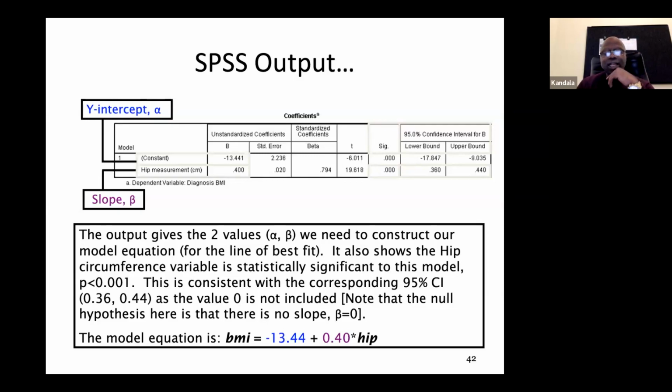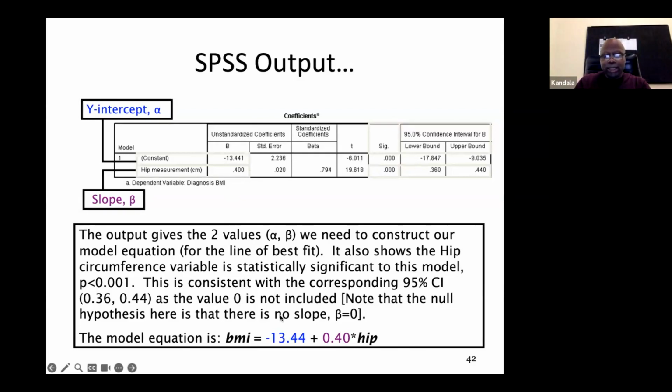So we can see that the average, the constant, has been estimated by the model to be minus 13.441. And the slope has been estimated at 0.40.